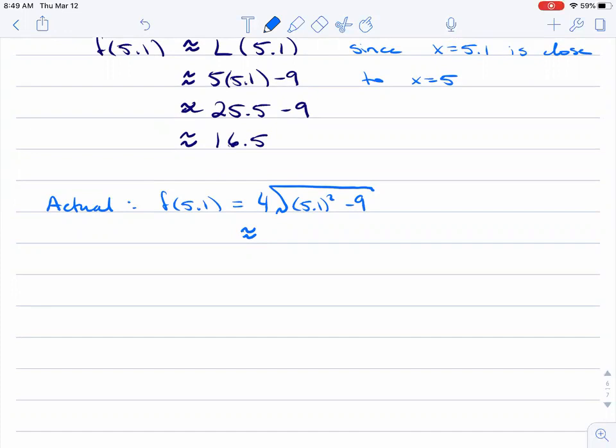I get roughly 16.4972725. And this is, of course, from calculator. Nice. So again, we've got this overestimate.